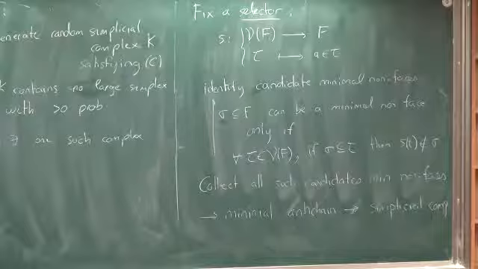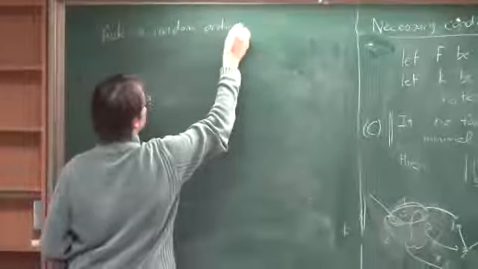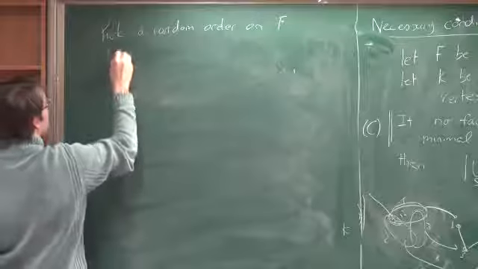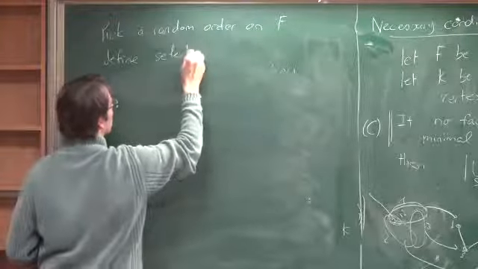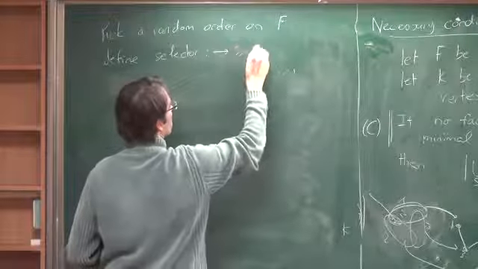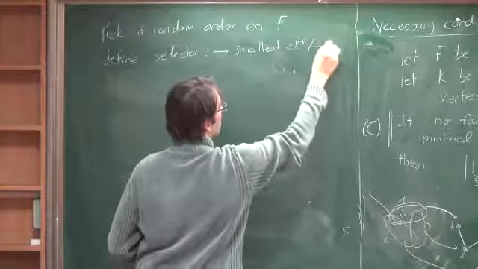So we pick a random order on F, and define the selector to map each face to its smallest element with respect to that order.